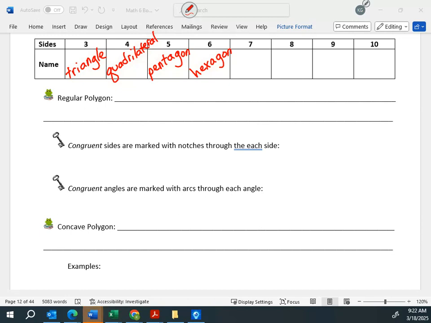Sophie, say it again, louder. Heptagon. So sometimes we see heptagon, sometimes we see septagon. So I just want you to know hepta and septa both mean 7. One's Latin, one's Greek, but they both mean 7. What about the 8-sided figure, Sarah? Very good. Octagon.